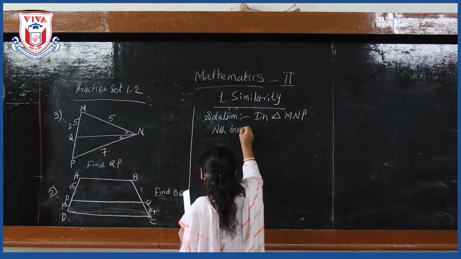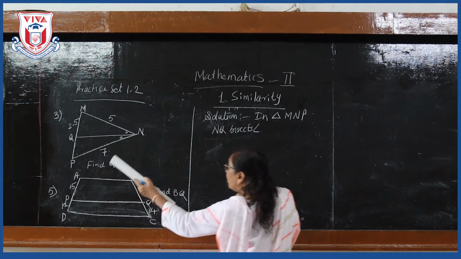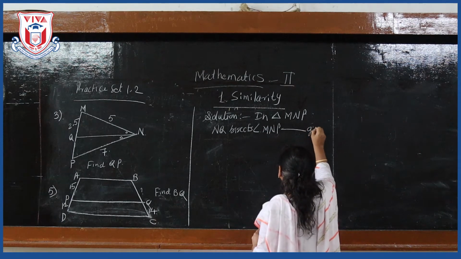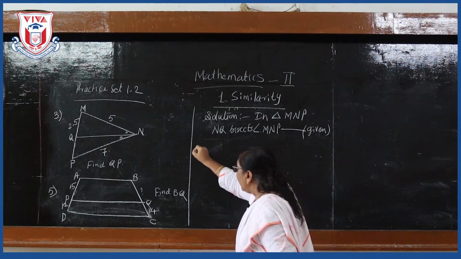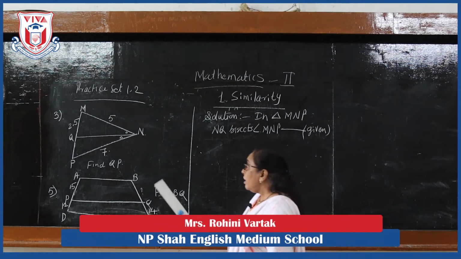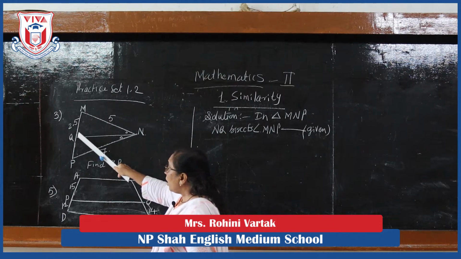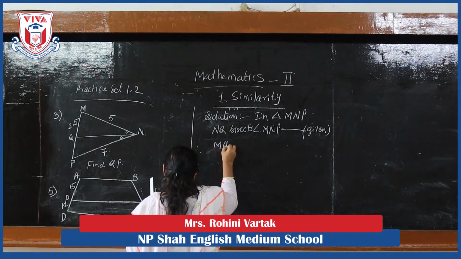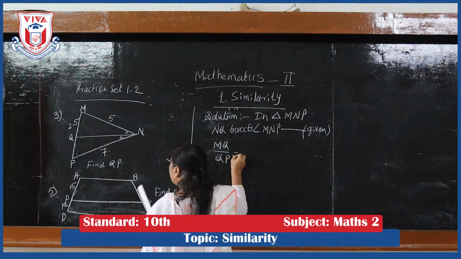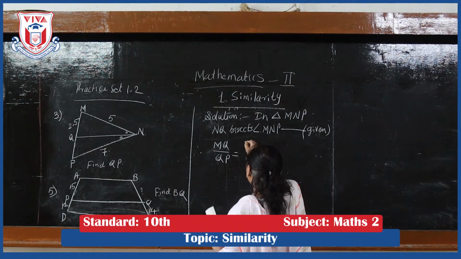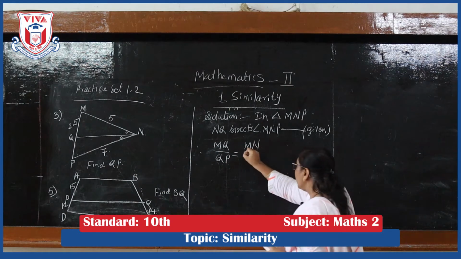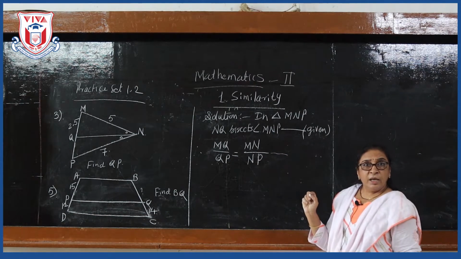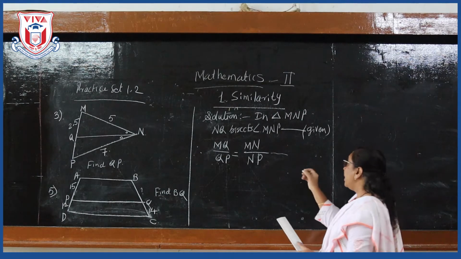NQ bisects angle MNP, given, and therefore which ratios are equal? MQ upon QP is equal to MN upon NP. And the reason is the property of angle bisector.